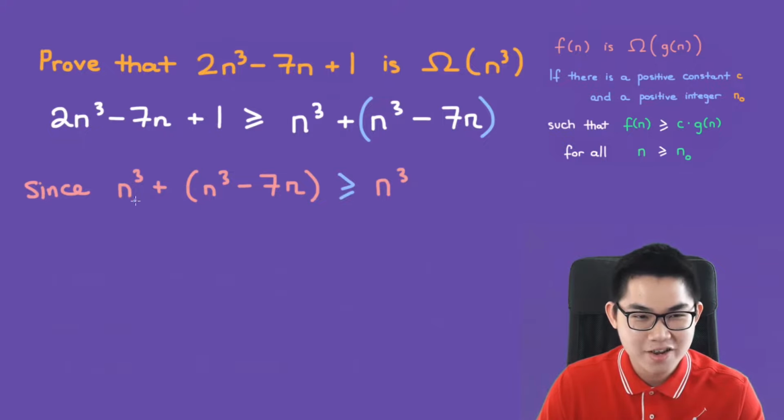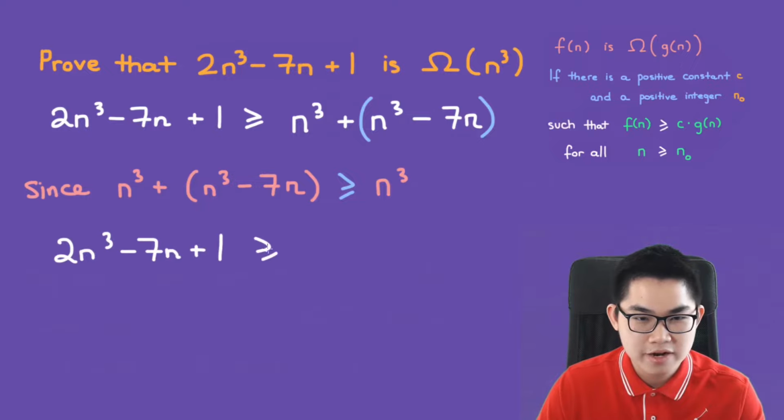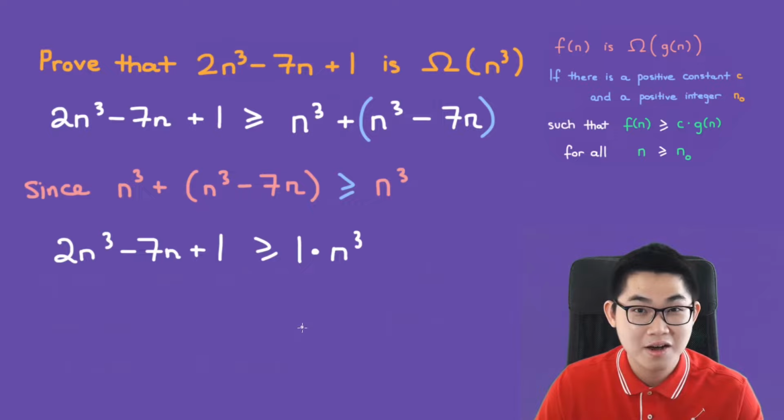So since n to the power of 3 plus this part is greater than or equal to n to the power of 3, we can rewrite our inequality up over here. We have 2n to the power of 3 minus 7n plus 1, which is greater than or equal to n to the power of 3, and this is the same as having a coefficient 1 times n to the power of 3.